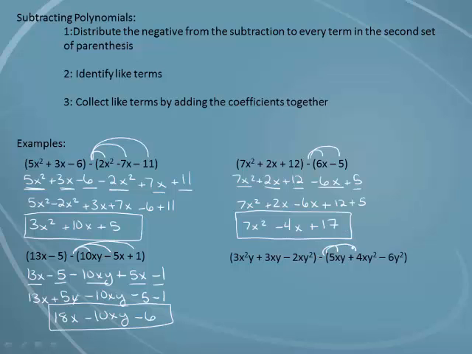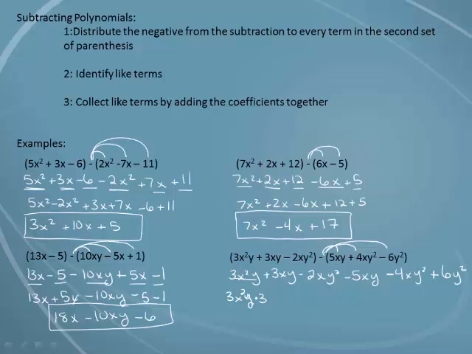Distributing in this negative, I get 3x squared y plus 3xy minus 2xy squared minus 5xy minus 4xy squared plus 6y squared. Essentially what happens is the negative outside changes all of the signs inside. 3x squared y has nothing alike.